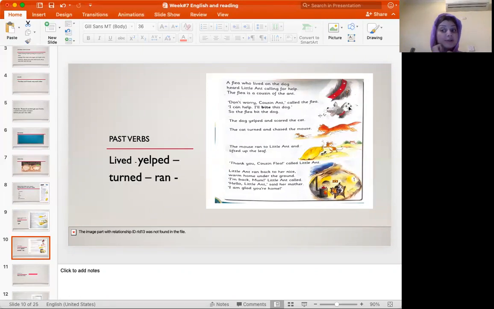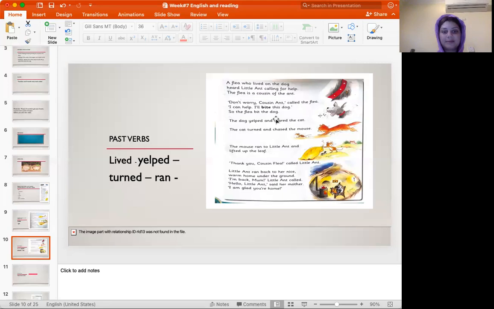She heard the ant calling for help. She was a relative of the ant, a family. "So, don't worry, cousin ant," called the flea. "I can help. I'll bite the dog." So the flea bit the dog.